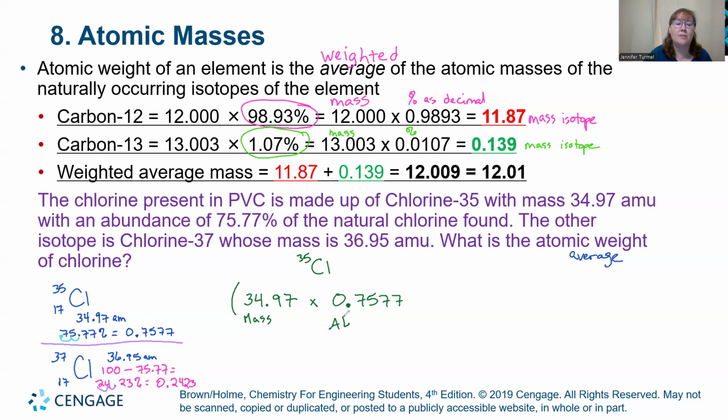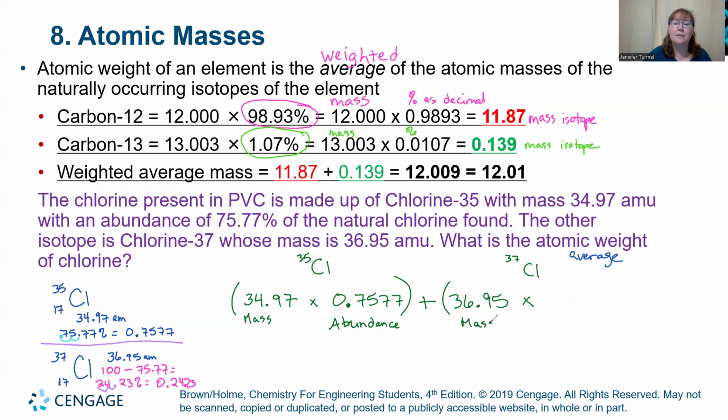We're going to call this our abundance. Plus that same information for chlorine 37, which is 36.95 atomic mass units times the abundance here.